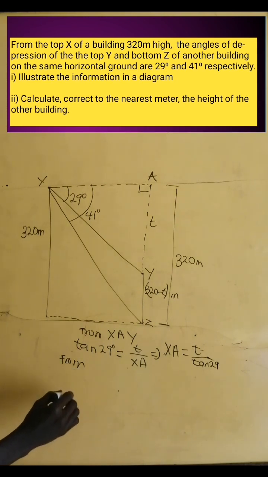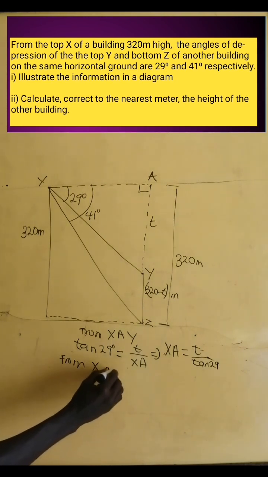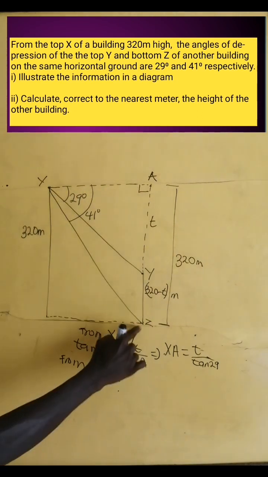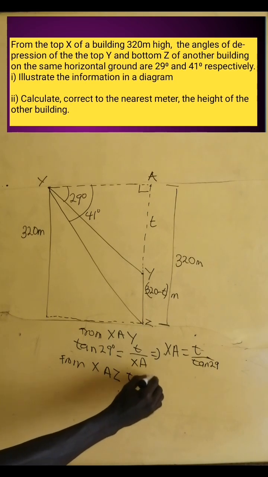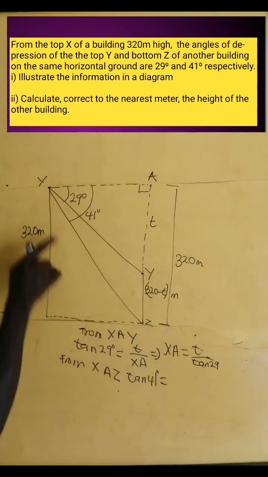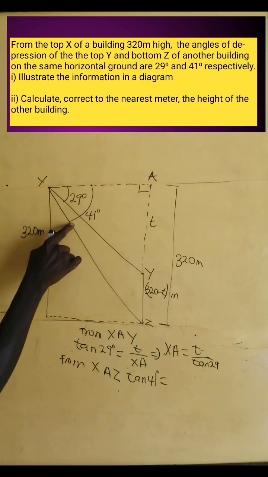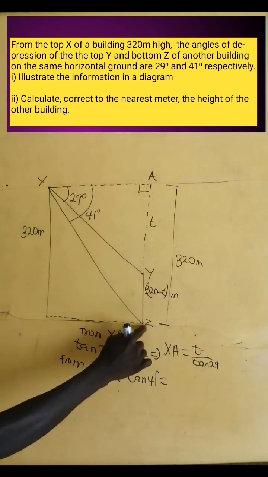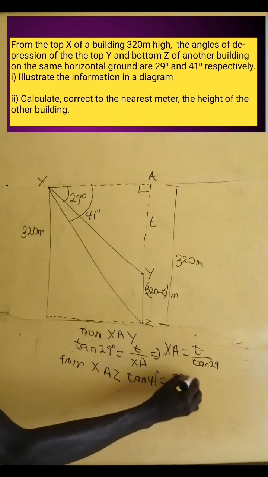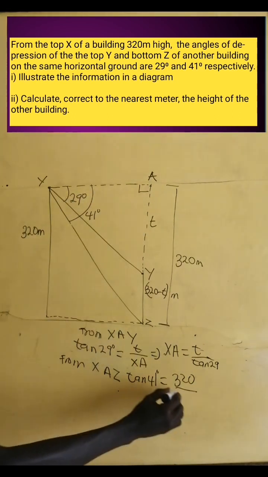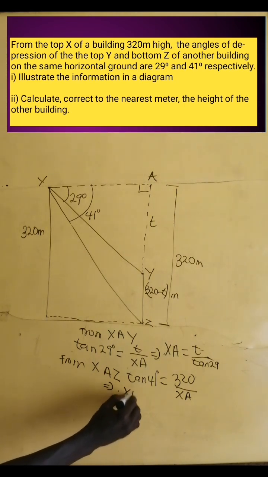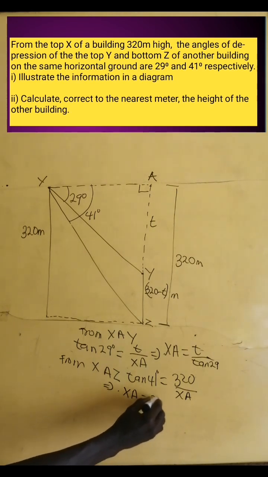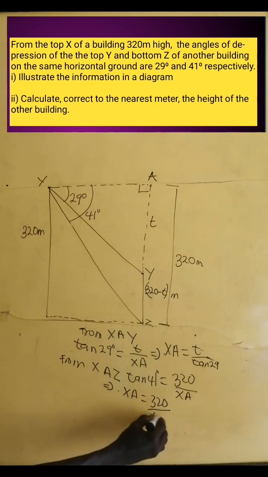If we consider the biggest triangle, that is triangle XAZ, and take the tangent of angle 41 degrees, that is the whole of this angle, then we take the opposite AZ, that is 320, divided by the adjacent XA. This can be rearranged to get XA equal to 320 divided by tangent of 41 degrees.